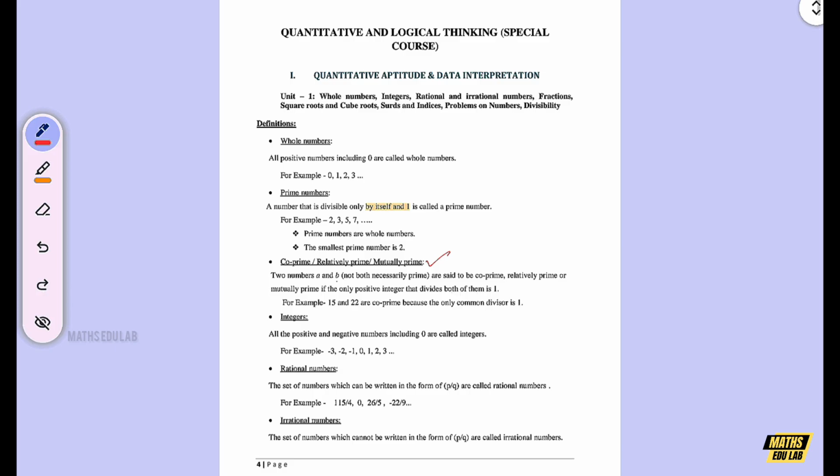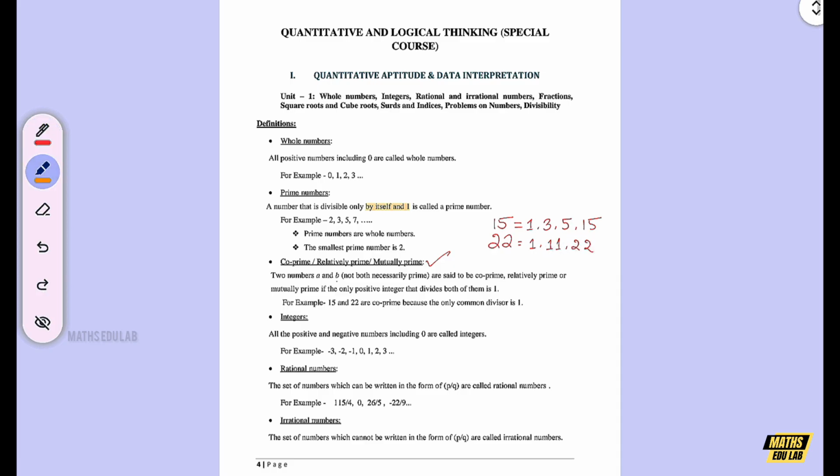Let's take the example given: 15 and 22. Write the factors of 15, which are 1, 3, 5, and 15. Similarly, 22 has factors 1, 2, 11, and 22.